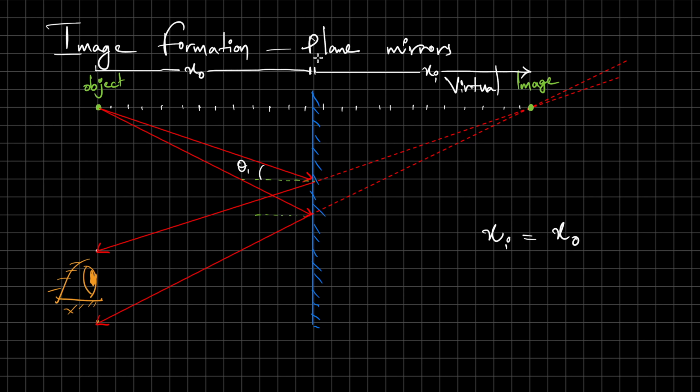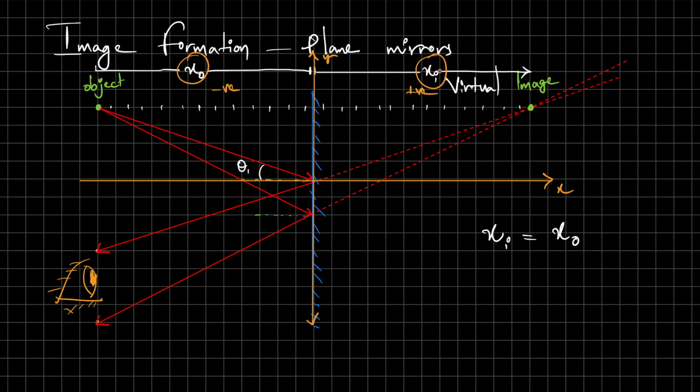I'm going to draw a coordinate system with the mirror at the origin. So that's the y-axis. That's the x-axis. Both image distance and object distance are on the x-axis. XI is on the positive x-axis, and XO is on the negative x-axis.